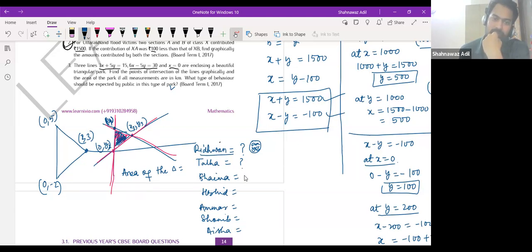Heron's formula. Okay, so one answer is Heron's formula. And Harshit, what about you? So what did you say?